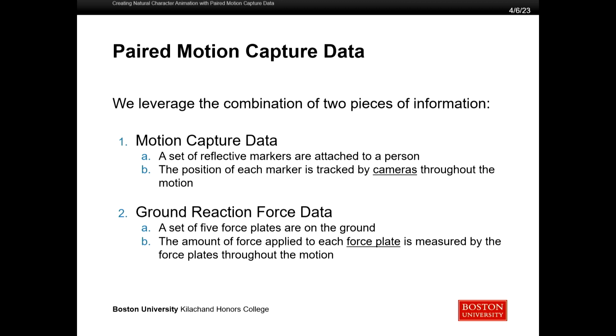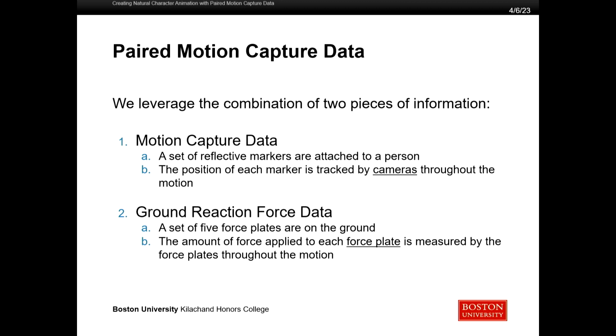It's the combination of two pieces of animation, motion capture data and ground reaction force data. Motion capture data is data that is based on the position of markers on the body, and it's captured with a series of cameras that are lined around the ceiling.